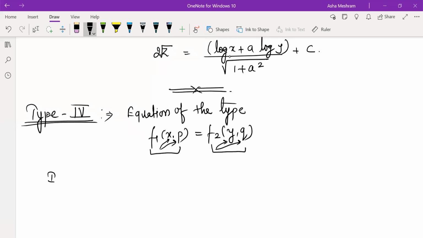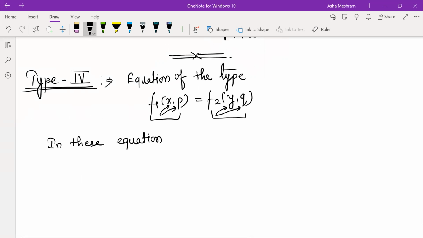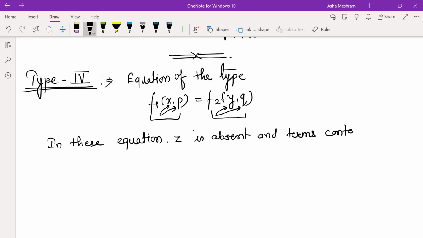So in this equation z is absent, and terms containing x and p can be written on one side.